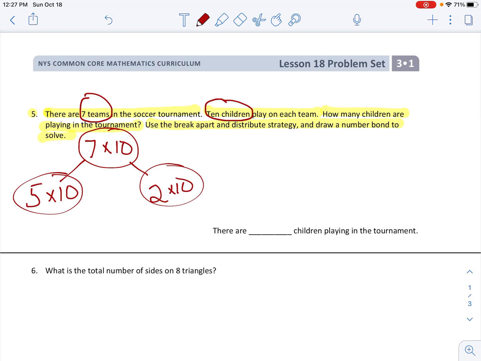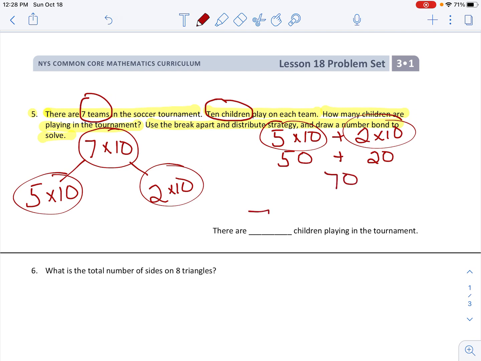Okay, so over here, just like I did at the top, 5 times 10 plus 2 times 10, I'm going to put it in my number bond circles now: 50 plus 20 equals 70. There are 70 children playing in the tournament.